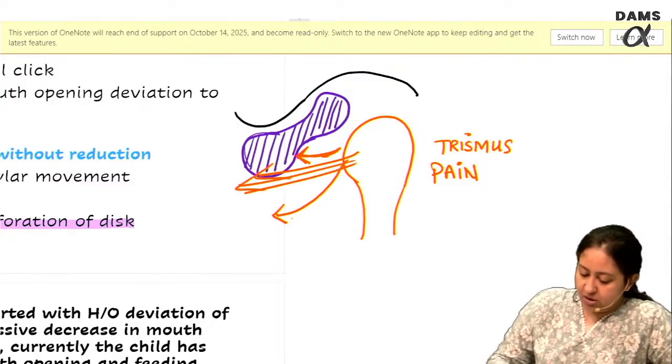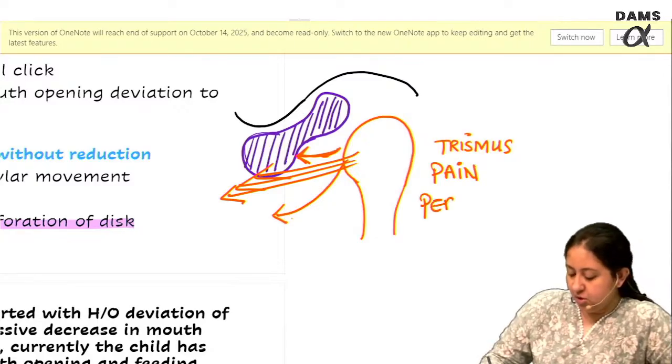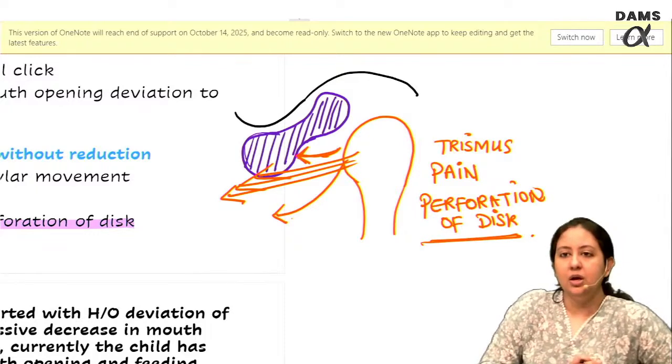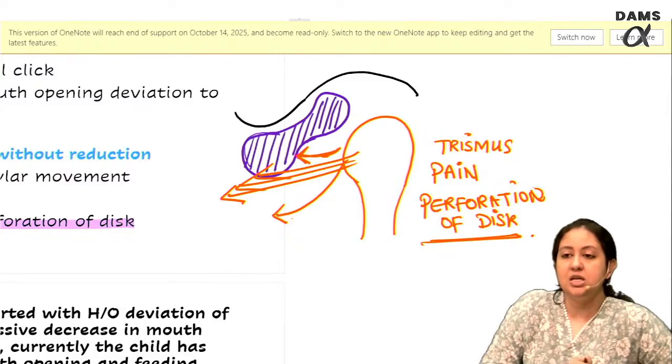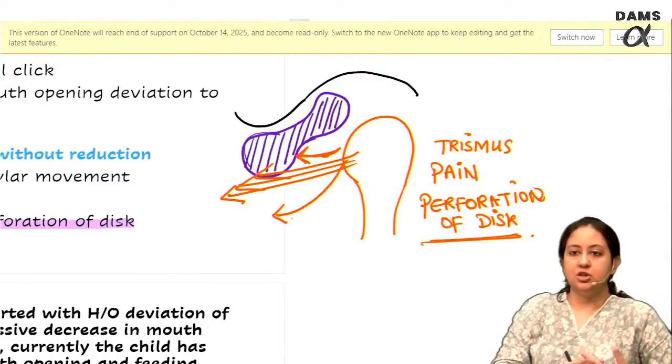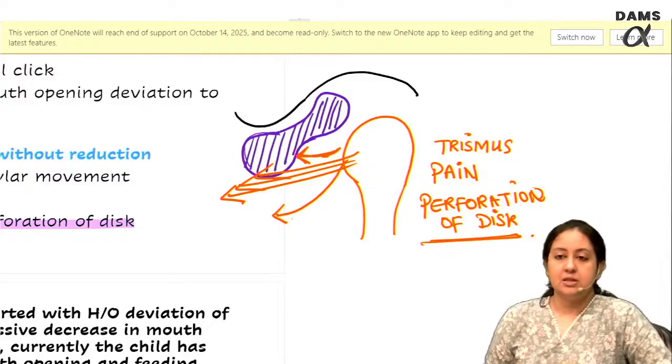Continuous trauma to the disc will lead to perforation of the disc. It will tear. So I hope now you will not memorize this, but you have understood why there is risk of perforation of the disc in disc displacement without reduction. Is it understood to everyone, why there is trismus, pain and risk of perforation of the disc in disc displacement without reduction?